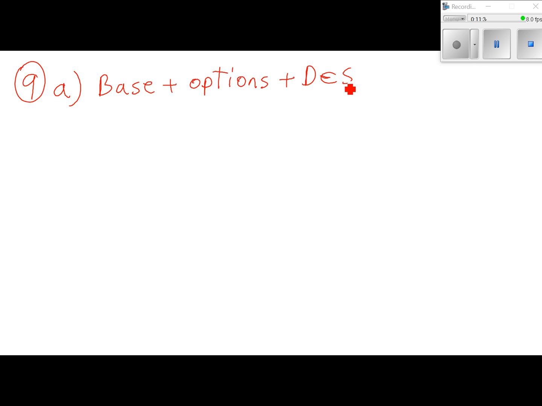So on number 9, part A, you gotta go back to section 9.1 to find the sticker price. Remember, sticker price is the base price plus the options plus the destination charge. This time they told us on number 9 that the base price was $27,680.